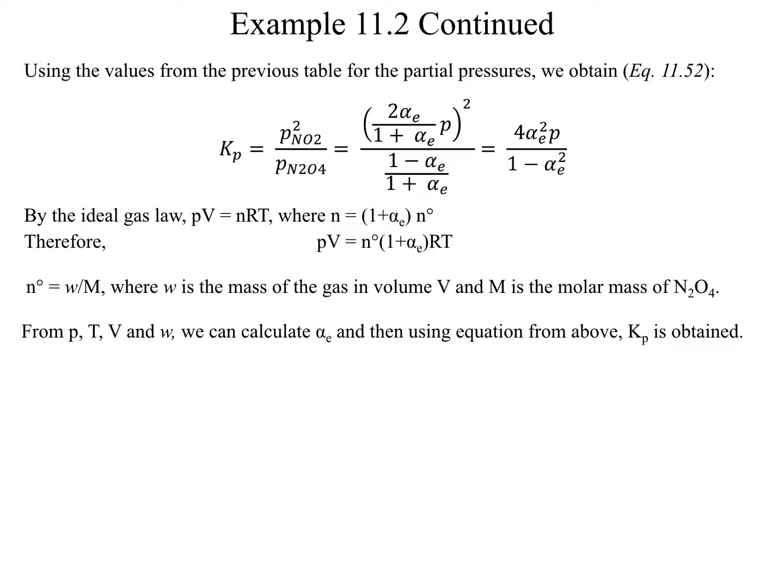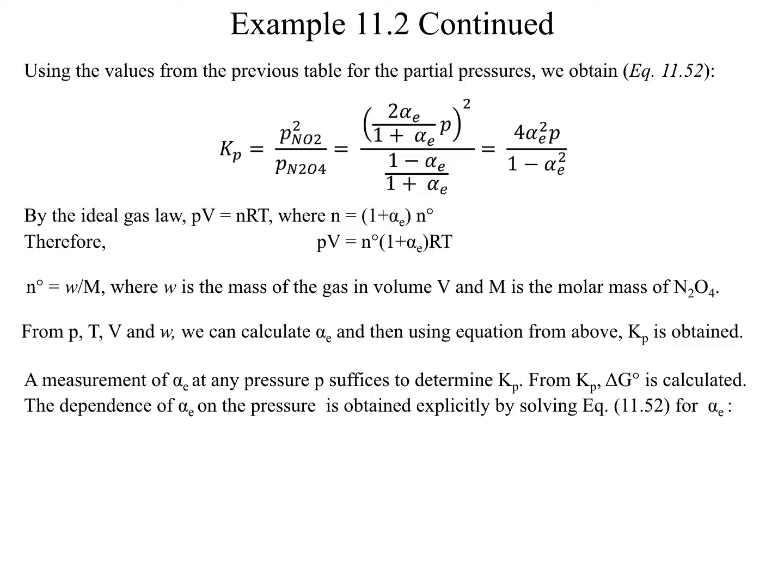It will look very circuitous, but this is how the math needs to be worked out. In the lab, we measure pressure, volume, temperature, mass, etc., and we need to calculate the equilibrium constant Kp. From that, we first calculate alpha, then we calculate Kp, then we calculate delta G. This is how the experimental work is related to the quantities that we are interested in measuring.